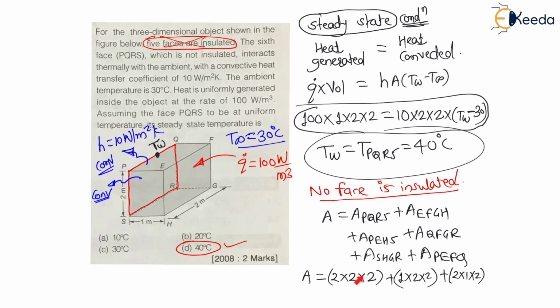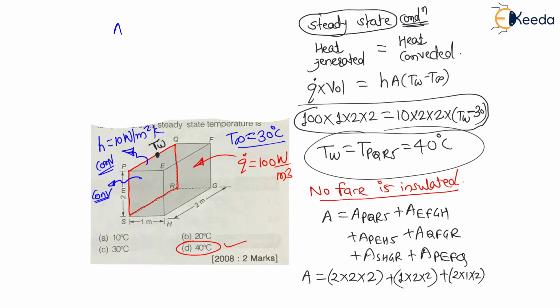Therefore the area will be 8 plus 4 plus 4, which is 16. So this area we have to use for convection. Therefore if no face is insulated, the area will become 16 meter square.